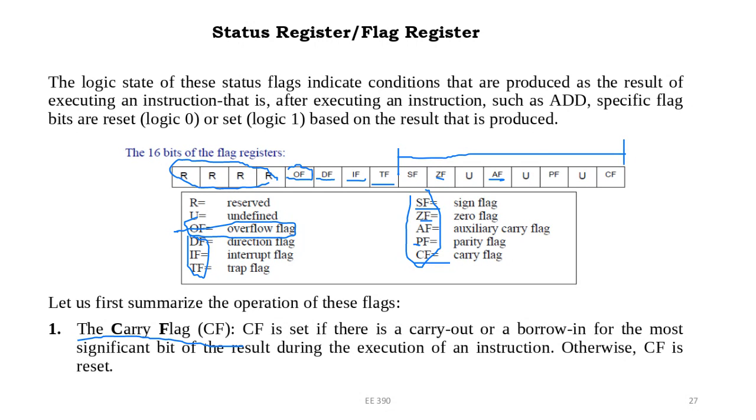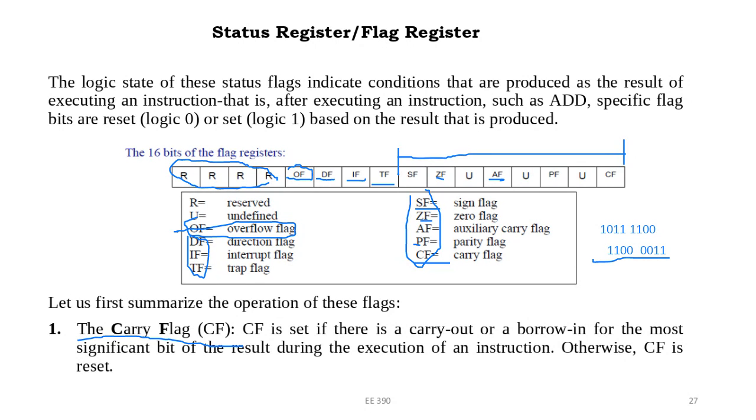So let's see. 1 0 1 1. Now, for example, we have two numbers.